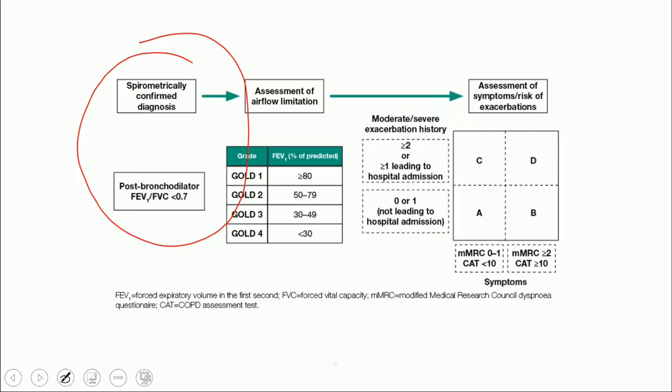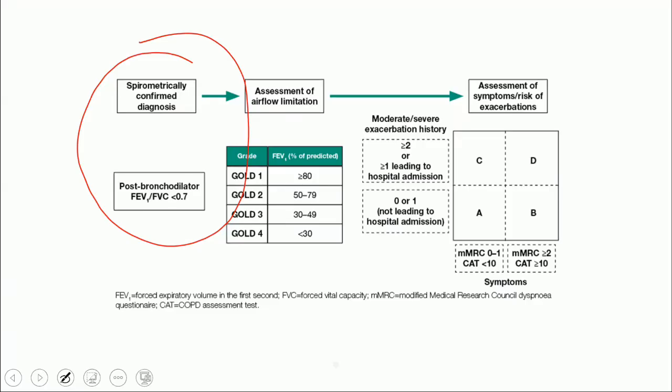Right. And after you make that diagnosis, you have to assess the degree of airflow limitation, and that is by the GOLD classification. Then, remember I told you that using two key parameters, we put the patient into one of four groups. What are the two key parameters?